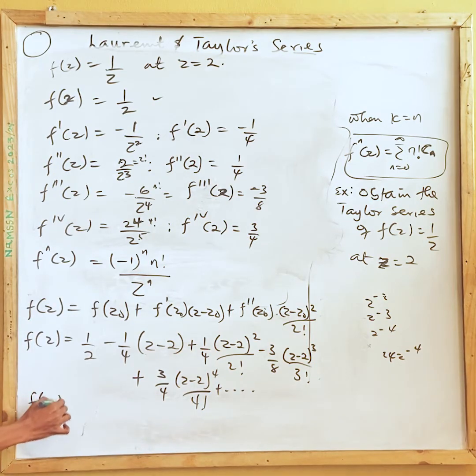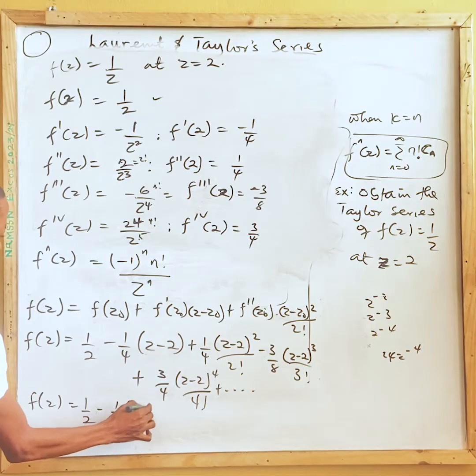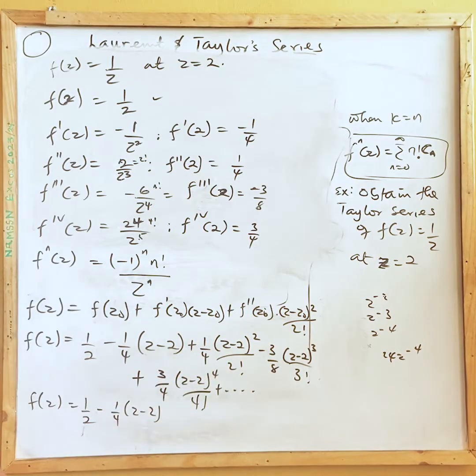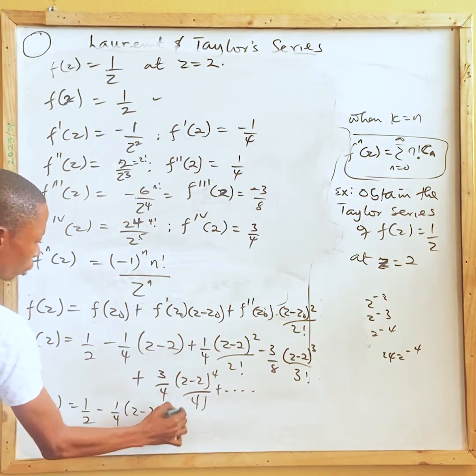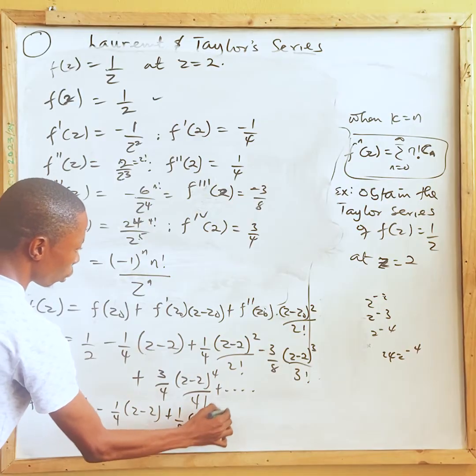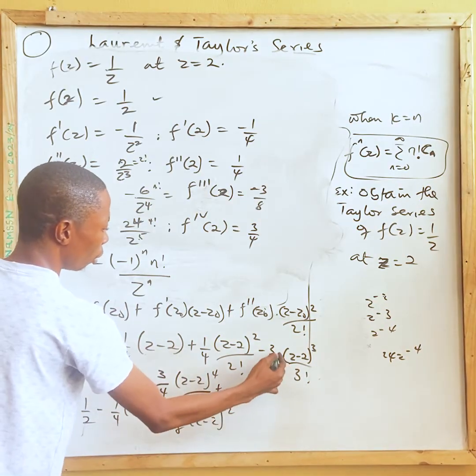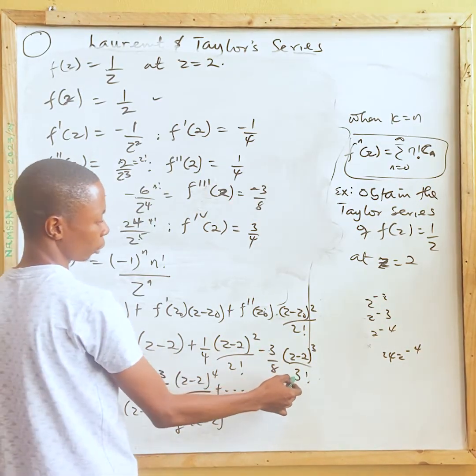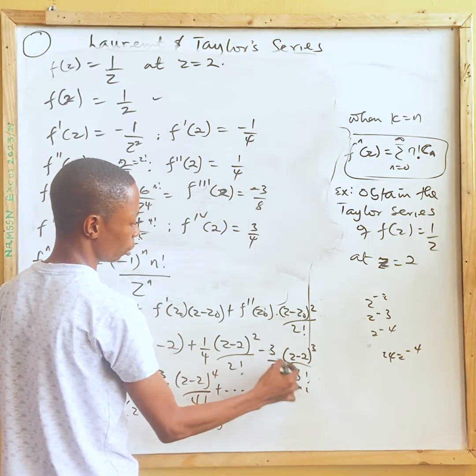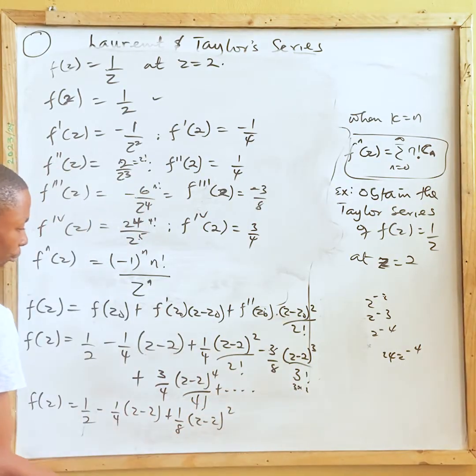So our f of z will now be 1 over 2 minus 1 over 4 times z minus 2. 2 factorial times 4 is 8, so plus 1 over 8 times z minus 2 all squared. 3 over 3 factorial, this is 3 times 2, this one cancels, that's 16.